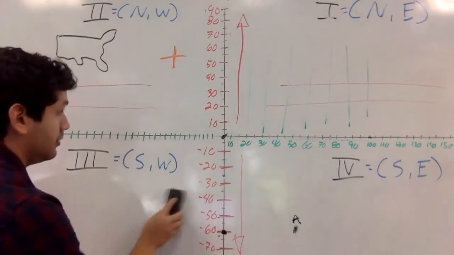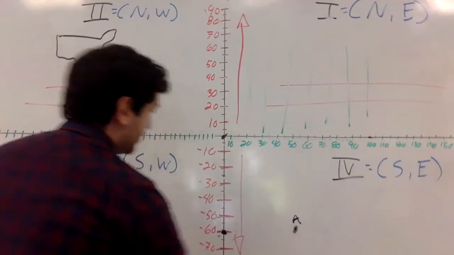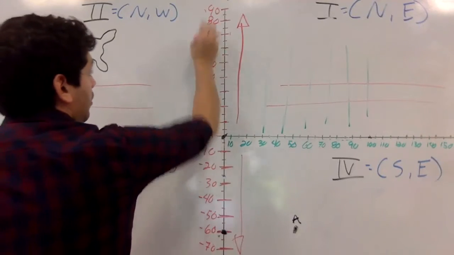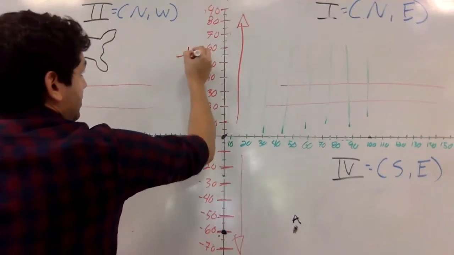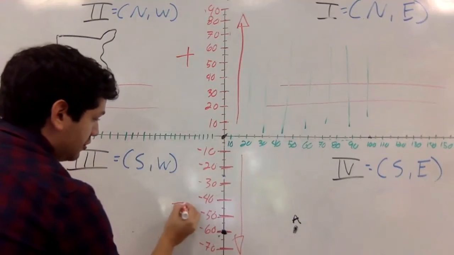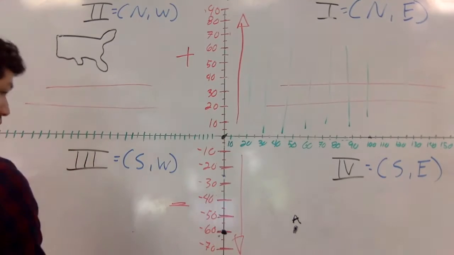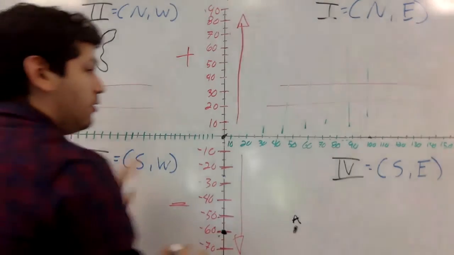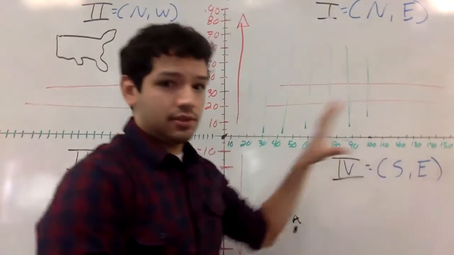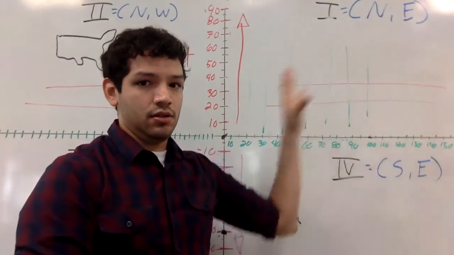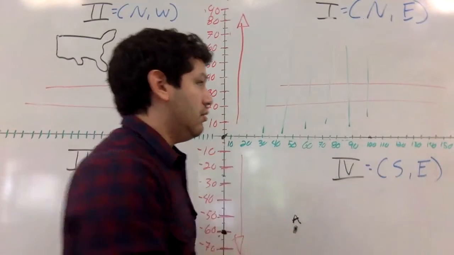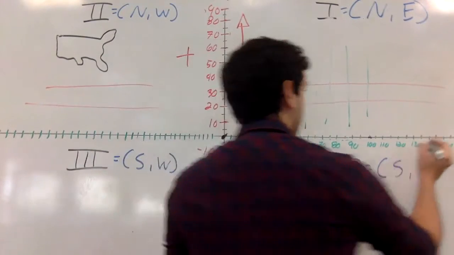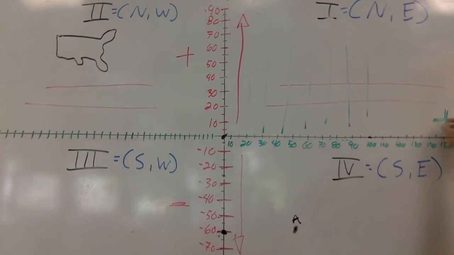Should I use the same color for this? All right, so all these numbers up here are going to be positive. All these numbers down here are going to be negative for latitude, while all of these numbers going this way, going east, will be positive.